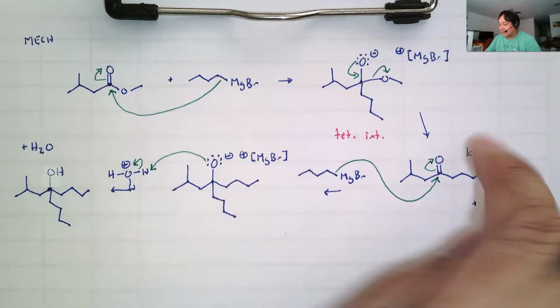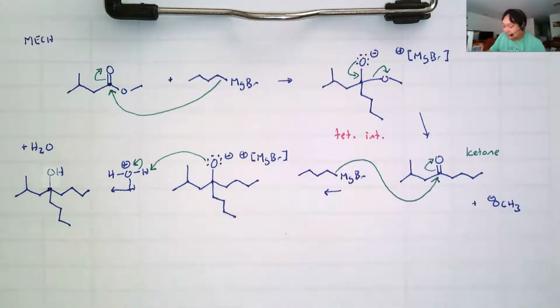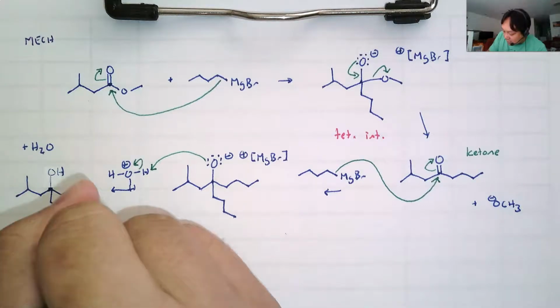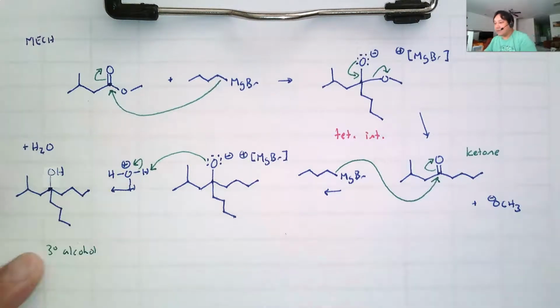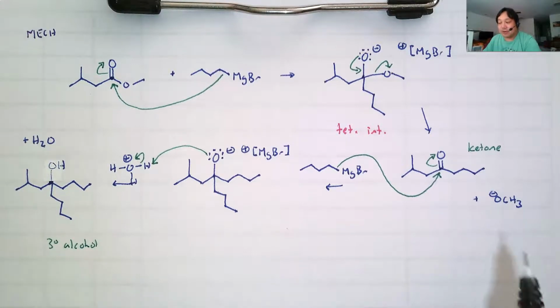Good. 1, 2, 3, 4 steps to make the tertiary alcohol. What did we just do? Grignard plus ester gives you a tertiary alcohol.